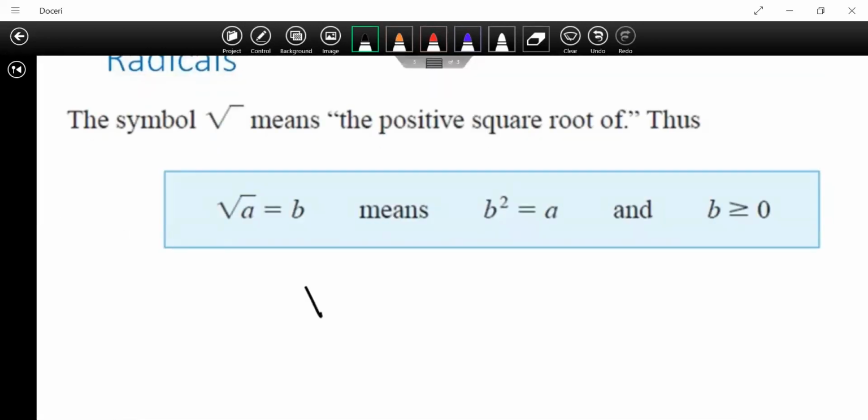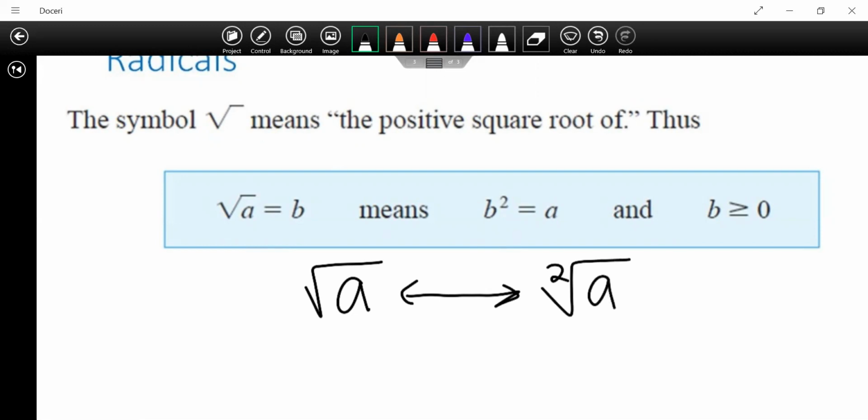Let's say the square root of a and the second root of a are synonymous with each other. That part in front of it basically means that we have a value that represents, I always think of it as, what two numbers will give you the a value, right?